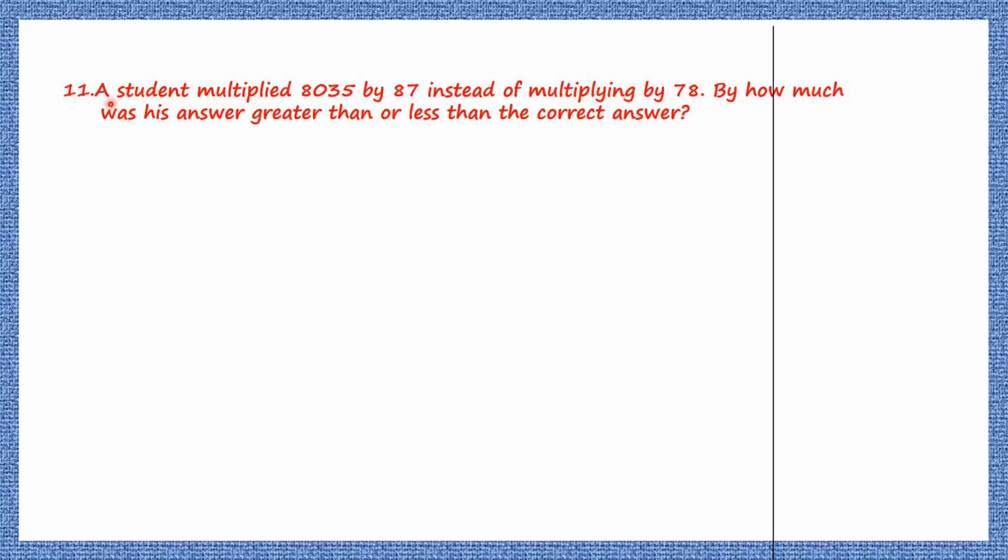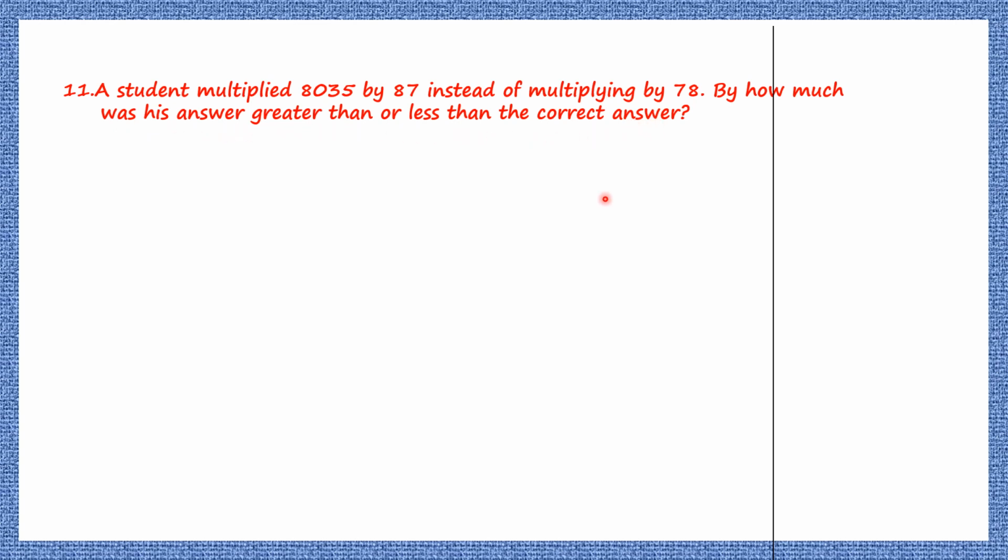Question 11. A student multiplied 8,035 by 87 instead of multiplying by 78. This happens, isn't it? By how much was his answer greater than or less than the correct answer? So first we're going to multiply 8,035 by 87 and then we'll multiply it by 78 and then we will answer these questions.